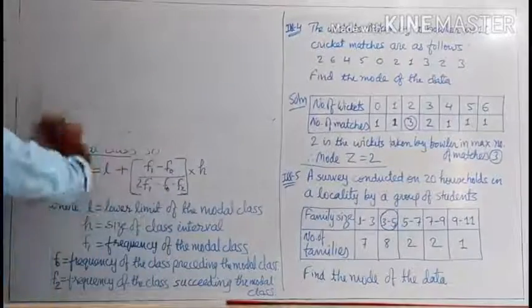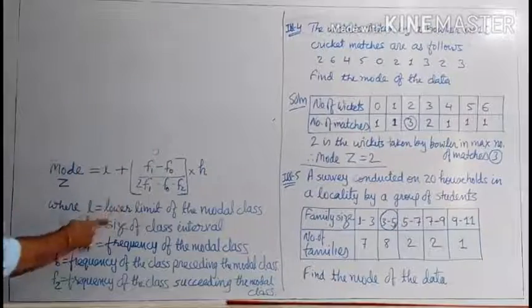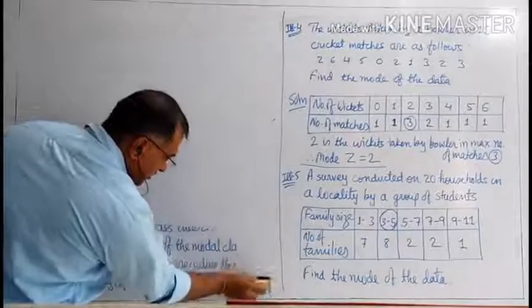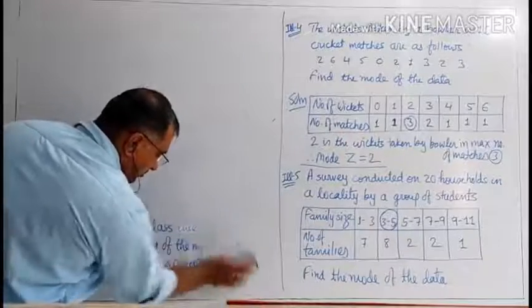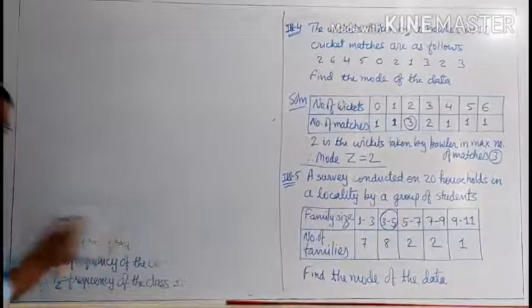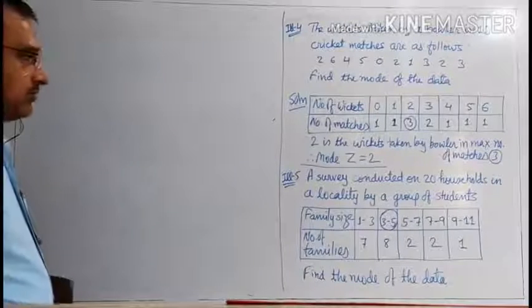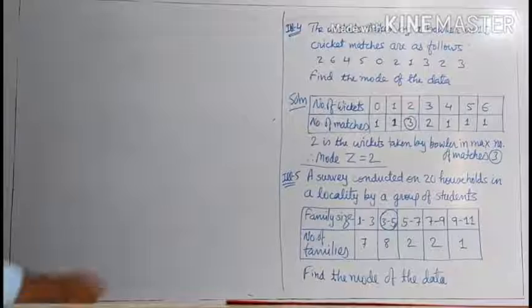So the modal class we have come to know. Now using this formula we have to solve this type of question. So now you see, first of all the modal class.